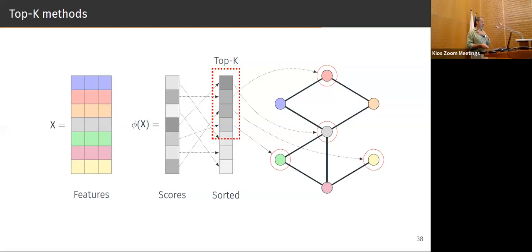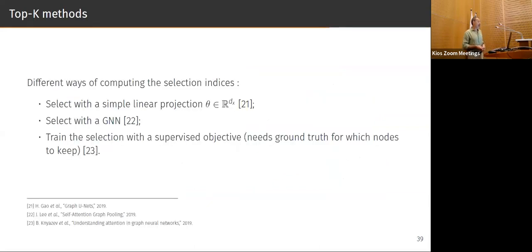Okay, so this is what is going to happen. And for the others, you discard them. There are many other methods that do this, and in order to select and to learn what to keep and what not to keep, there are methods that look at linear projections.